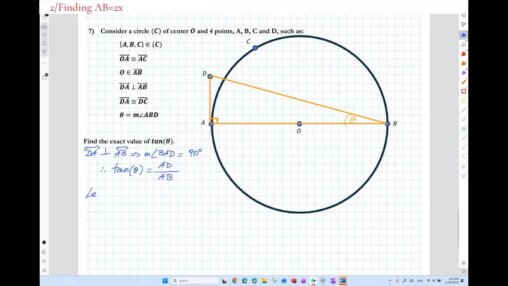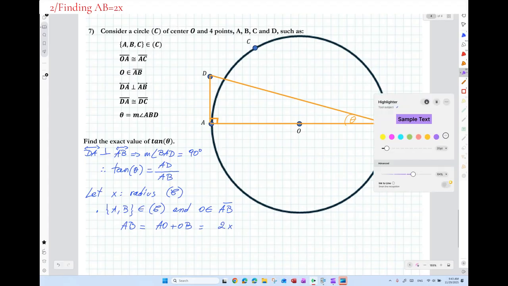For that, I'm going to define x, a variable, as the radius of the circle C. And because AB belongs to the circle C, and that O belongs to the segment AB, I can directly conclude that AB, because they are linear, is AO plus OB, which is 2x.